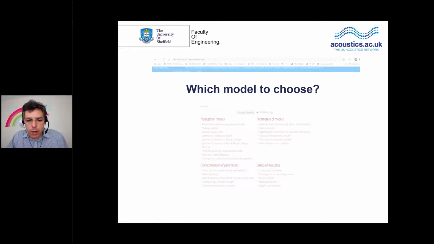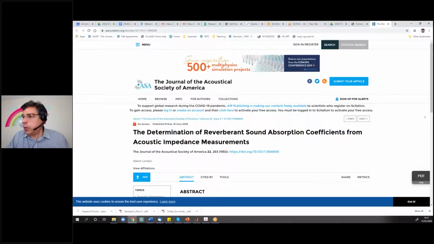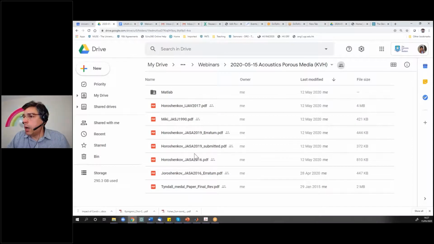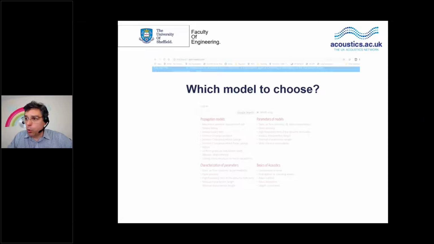Also, there is a paper which I saved for you to read in that folder. This paper is my presentation in 2006 for the Tyndall Medal ceremony. And there is also a paper in the International Journal of Acoustics and Vibration, which describes all kinds of models for all kinds of applications. But today I give you my personal choice of those models which I think are worthwhile to use.